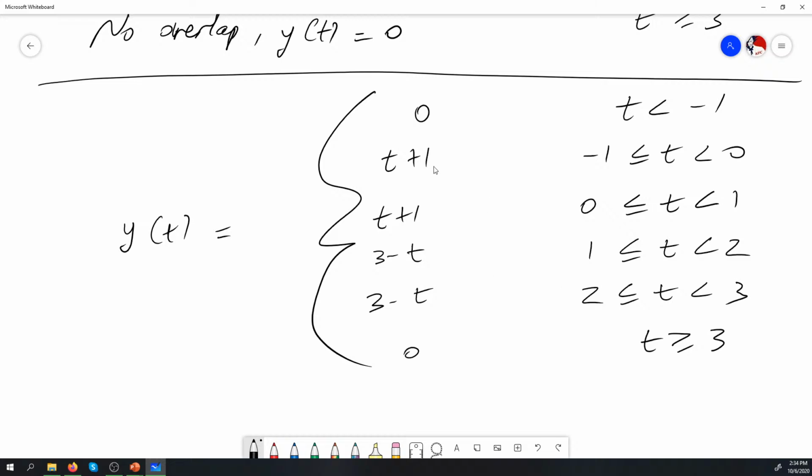You can combine these two lines because it's the same output equation, just for these two time ranges. And the reason why we write the piecewise function is because we have different equations for different time ranges as a result of the convolution process.